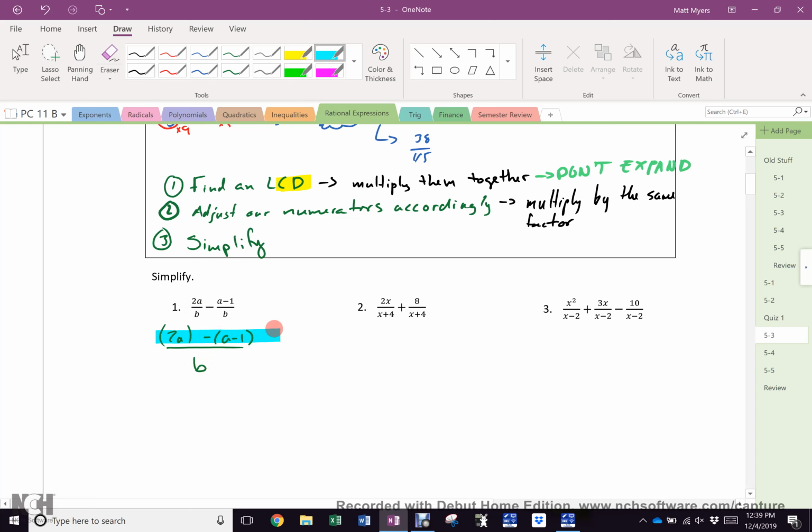What? Manru. Ashneet. 2a minus a plus 1 over b.